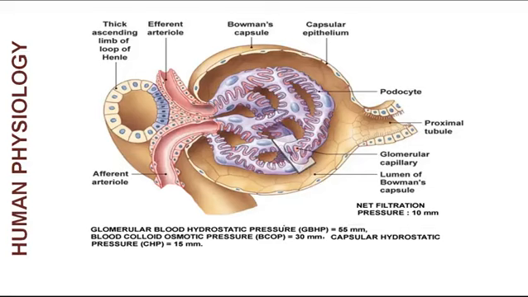Here also the pressures have been written in the footer. You can see the glomerular blood hydrostatic pressure GBHP is 55 millimeter, blood colloid osmotic pressure BCOP is 30 millimeter, capsular hydrostatic pressure CHP is 15 millimeter, that is net filtration pressure is 10 millimeter.